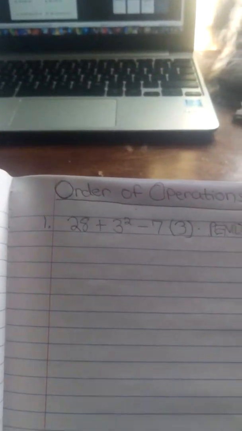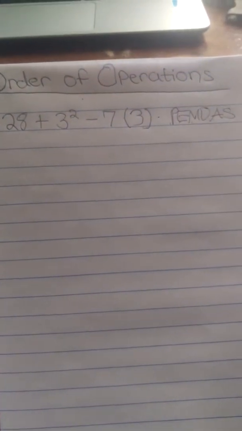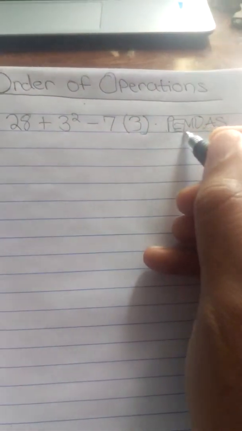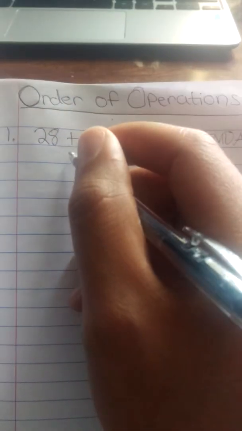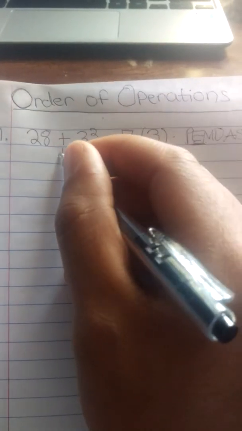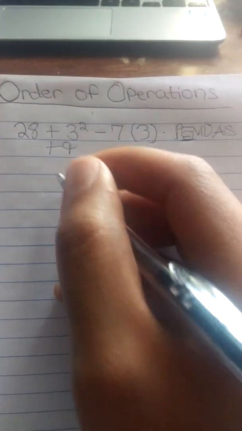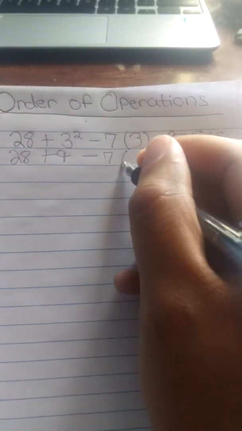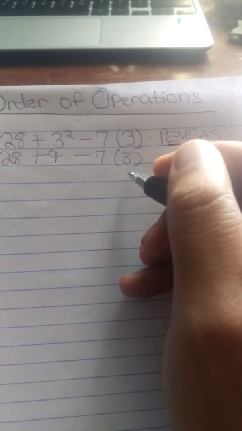And with that, you're going to start off with exponents because that's the first one that we see. So 3 squared is going to be 9 because that's 3 times 3. So bring down 28, bring down minus 7, bring down this 3 in parentheses.